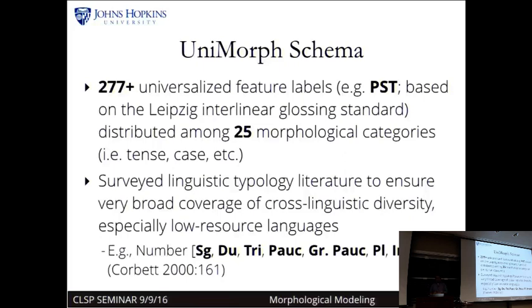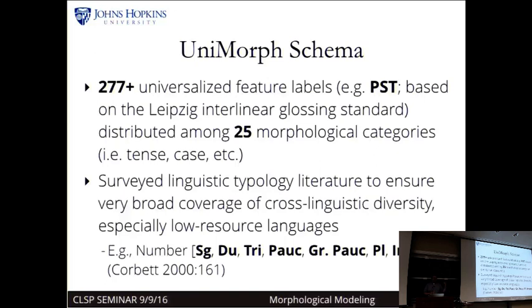It's supposed to be in the spirit of something like Universal Dependencies, but with more focus on inflectional morphology. Right now, it includes around 270 feature labels, like PST for past tense. They're often similar to the Leipzig Glossing Rules whenever possible. These are distributed across 25 or so dimensions of morphosemantic meaning.